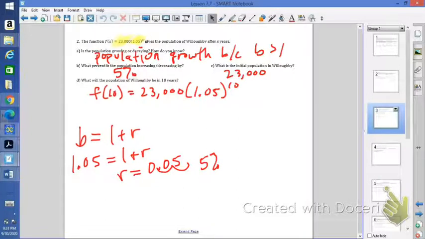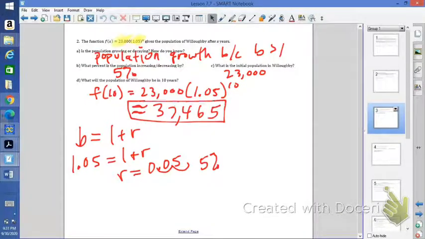Okay, plug that in the calculator. And in 10 years, the population of Willoughby is going to be 37,465. We'll round.